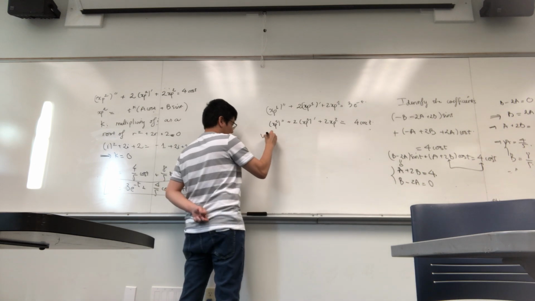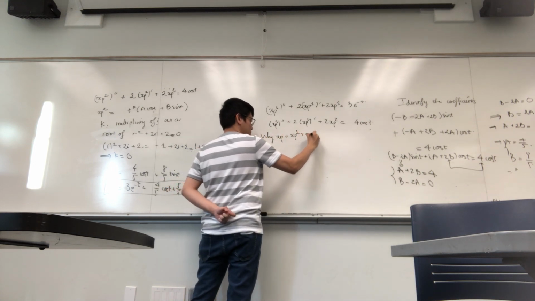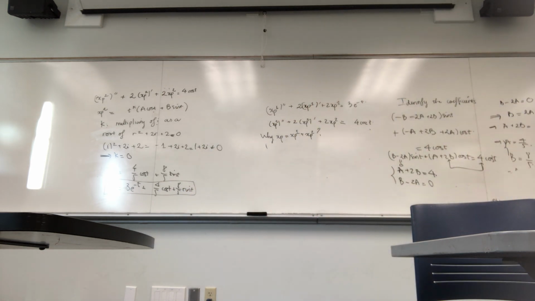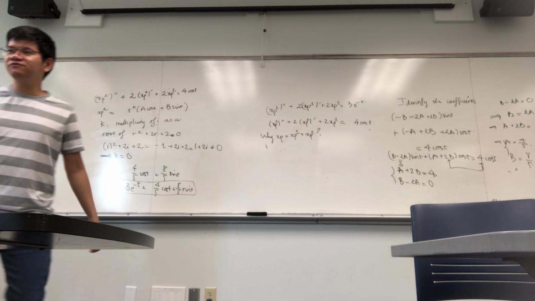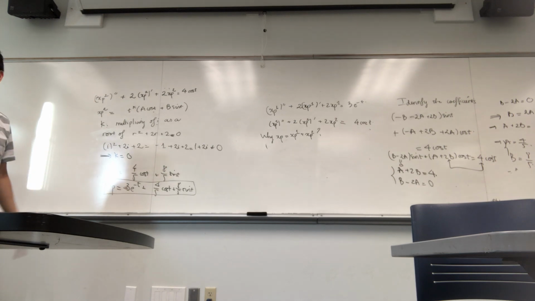So xp is xp1 plus xp2. From the original equation, what you do is you find the particular solution for the first equation and the particular solution for the second equation, and you take a sum.